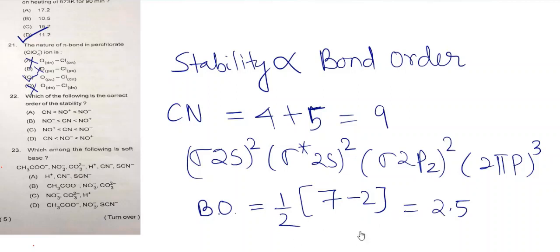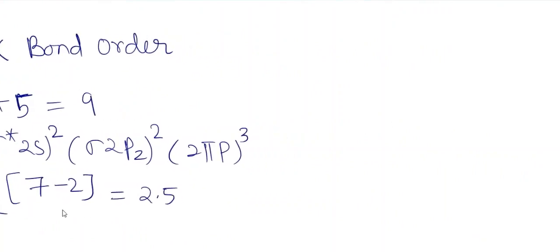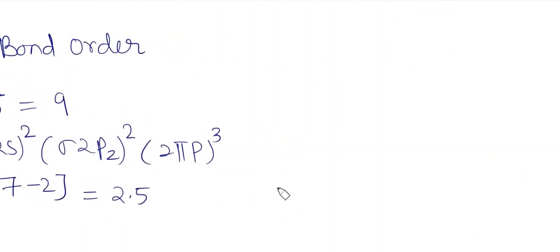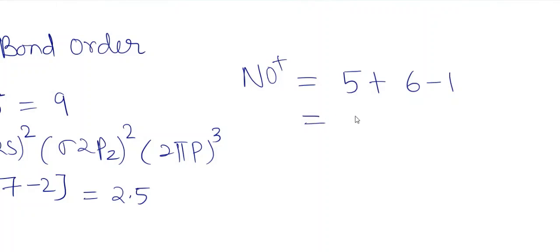Then next move to the NO plus ion. For the NO plus ion, the valence electron for nitrogen is 5, for oxygen is 6, and for the plus charge we will subtract 1. So the total valence electron count is 10.